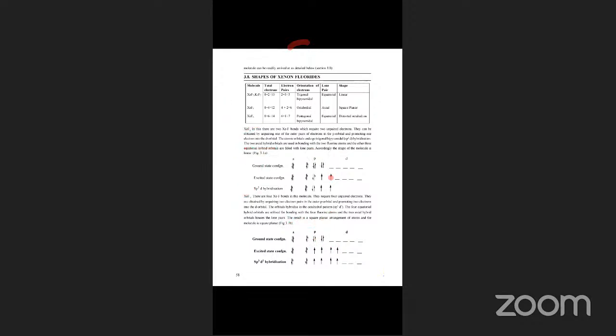Xenon has 8 electrons. 4 orbitals use 4 electrons, and the remaining 2 are lone pairs. So the structure is xenon with 4 fluorines. It is sp3d2 hybridization.